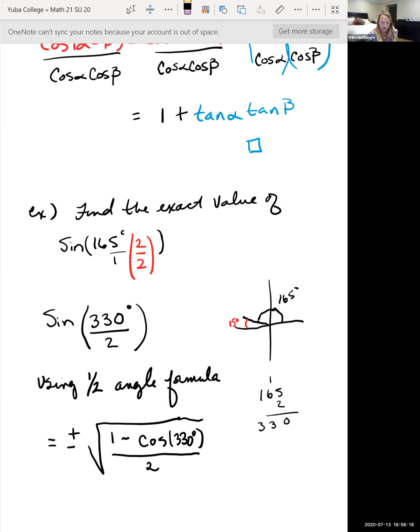We have to look at where theta is. Theta, 165 degrees, is contained in quadrant 2, and sine in quadrant 2 is positive.